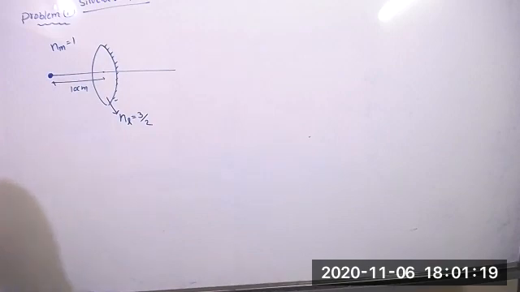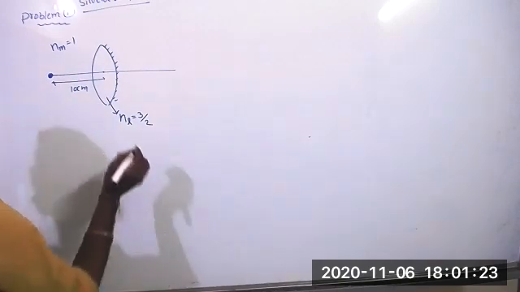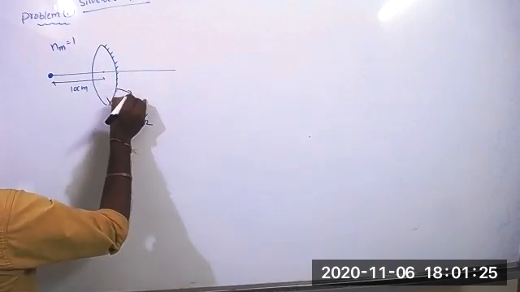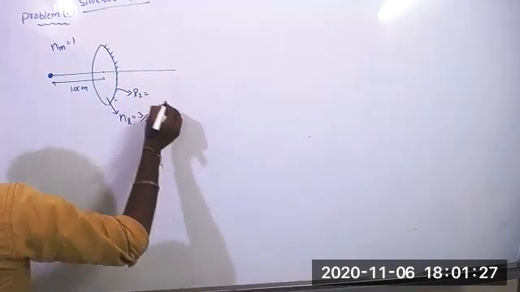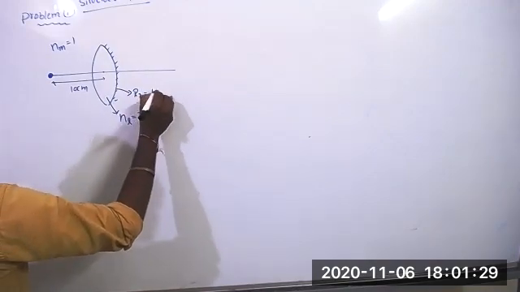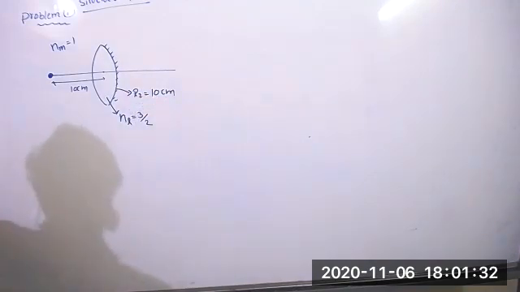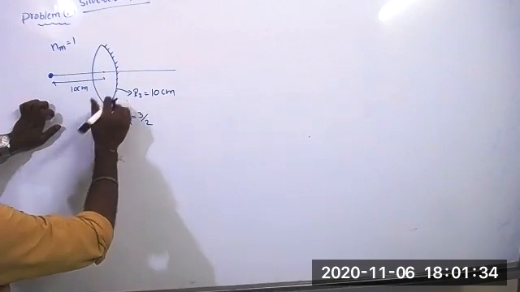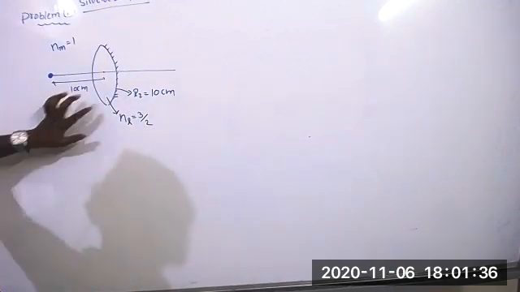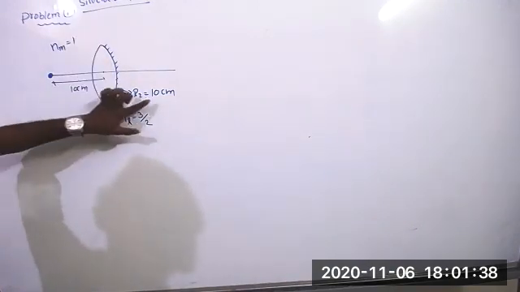This is what they have given. And this R2 is 10 centimeters. Radius of curvature of the second surface is 10 centimeters.